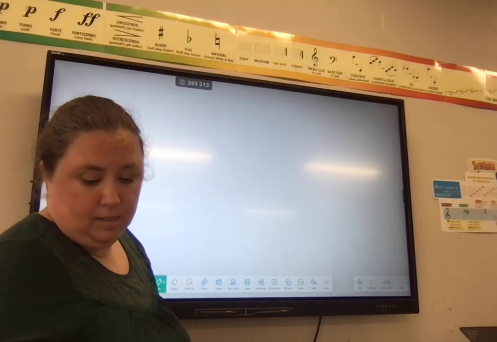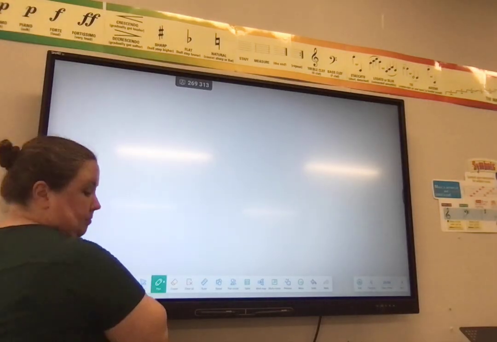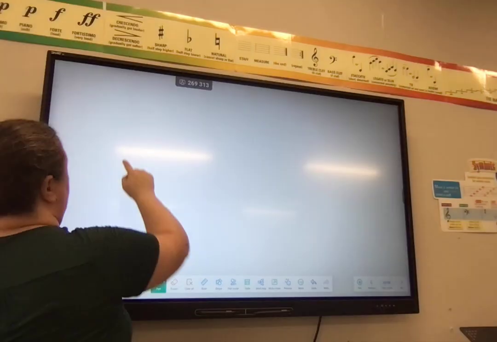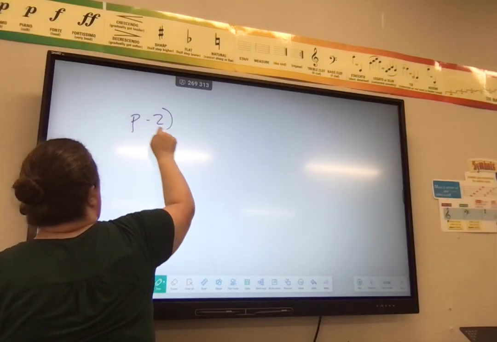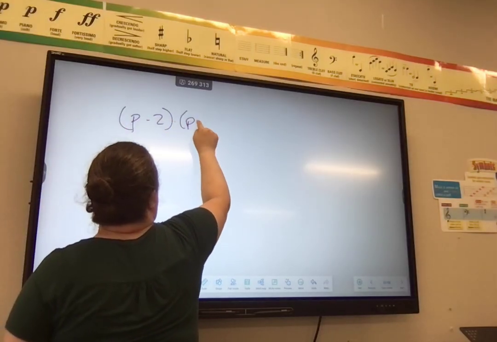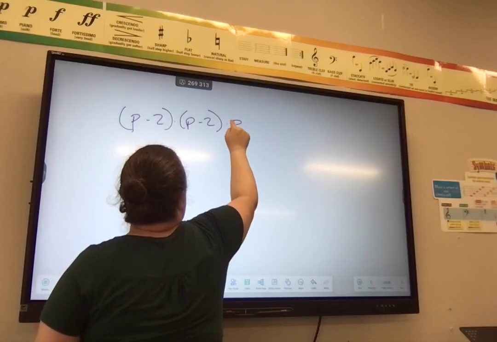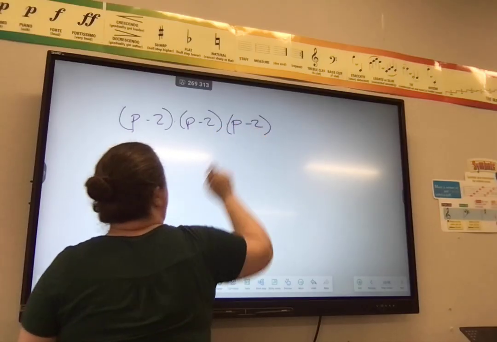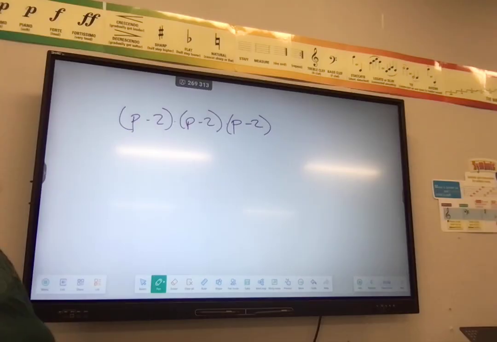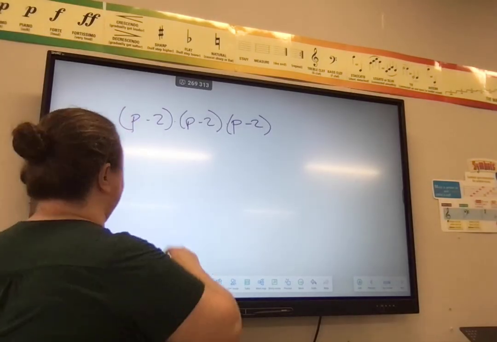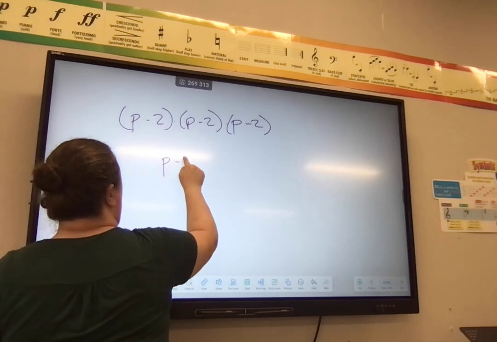Okay. Number 13. We have p minus 2 times p minus 2 times p minus 2. All right, what would be my base number? P minus 2, right? In parentheses?